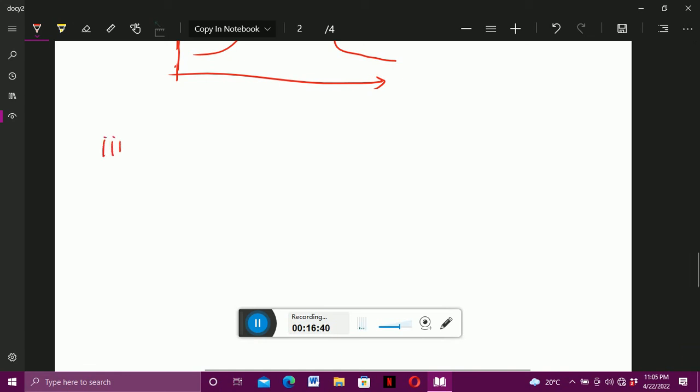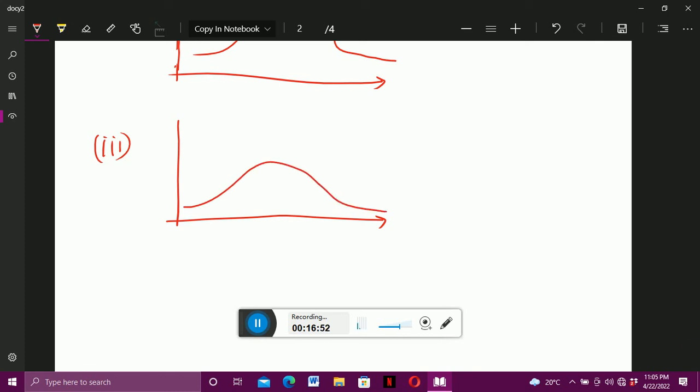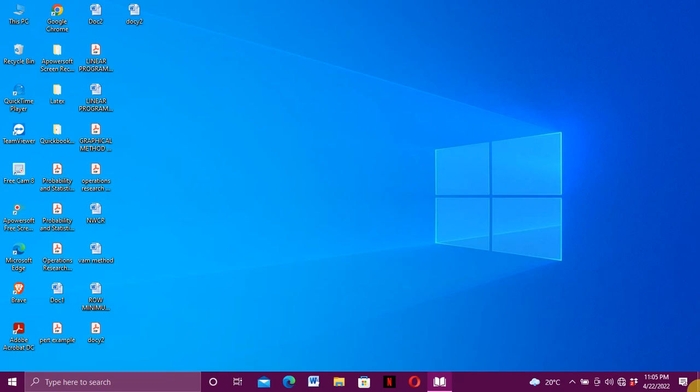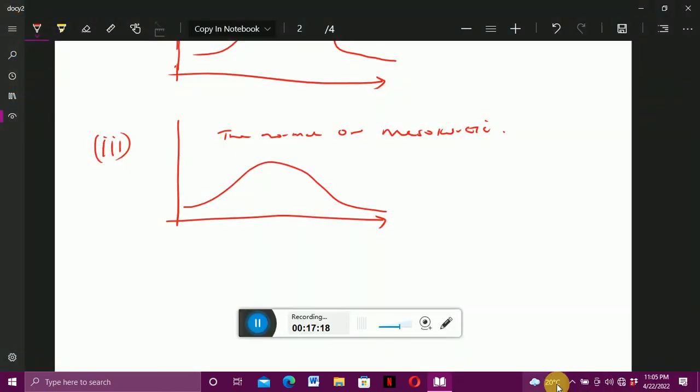The third way is that it can just be normal, not very highly peaked and not very flat peaked. We call this the normal or mesokurtic.